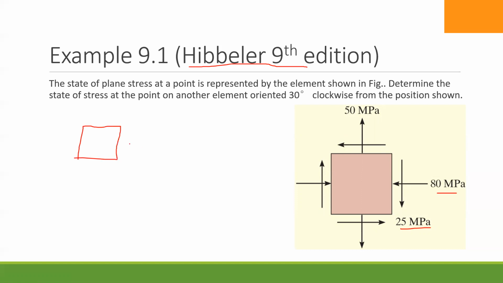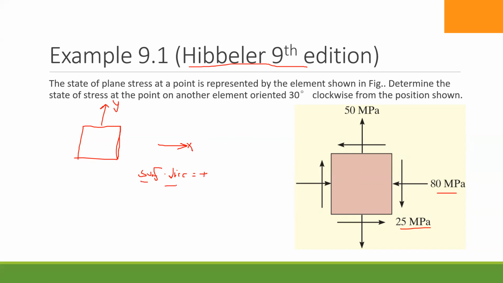For example, this is x, this is y. If our surface direction is positive, and the stress direction is positive, the value is positive.